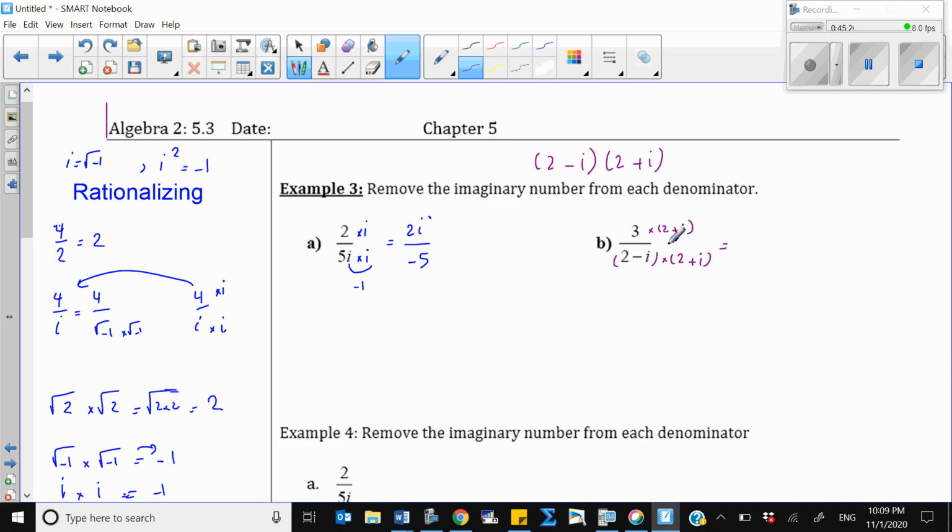Okay, so you can do all this by hand, like 3 times 2 plus i, just distribute that. It will be 3 times 2 is 6, 3 times i is 3i. And for the denominator, again, do the same thing, just do the foiling: multiply 2 by 2, 2 by i, negative i by 2, and negative i by i.